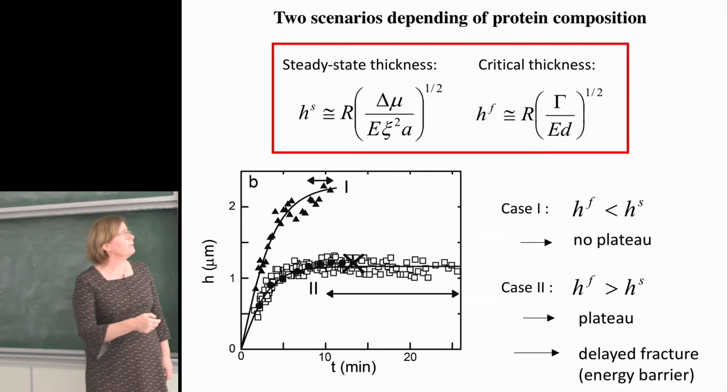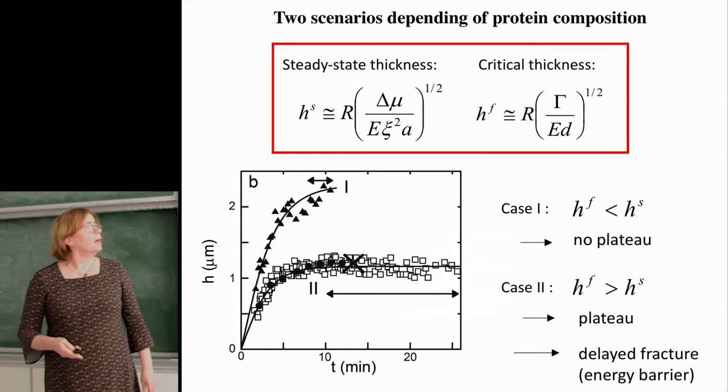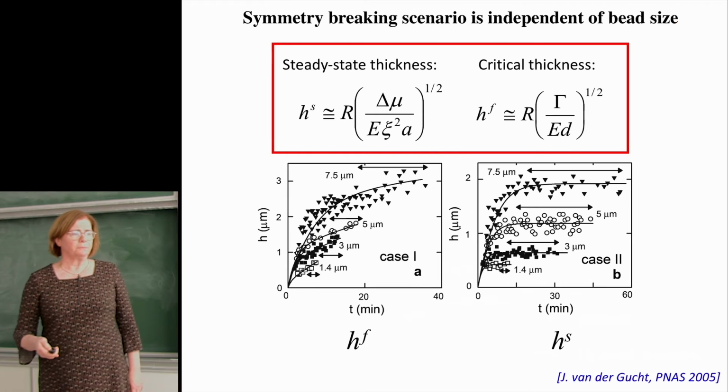Either we have, this is just what I said, if we don't have a plateau, then this means that this critical thickness is lower than this one, and it's the opposite if we have a plateau.